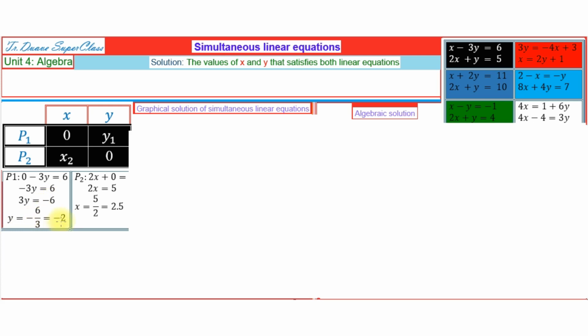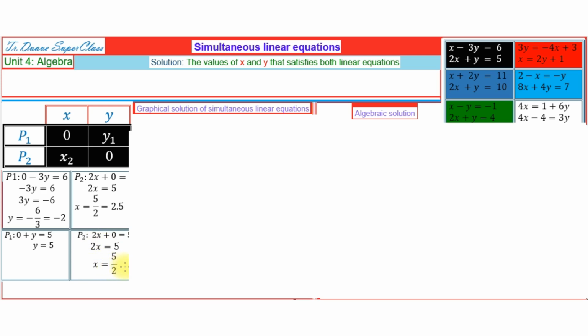This is the value of y when x equals 0. And the second point, 2x plus 0 equals 5, 2x equals 5, and working it, we'll have x equals 2.5. And we can do the same thing to find both points for the second equation. And here they are.